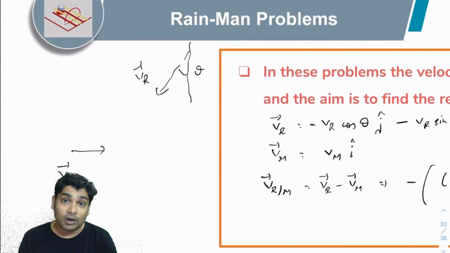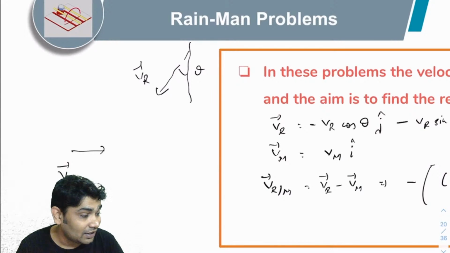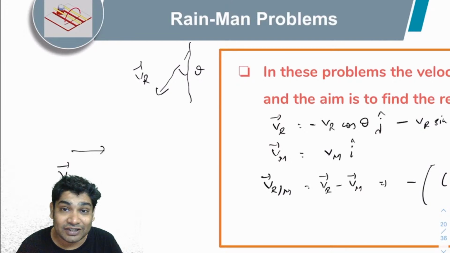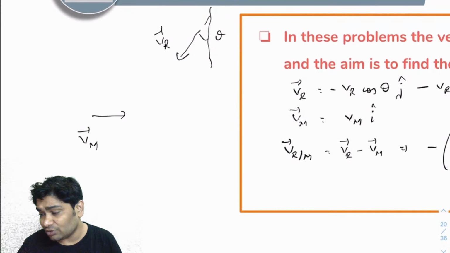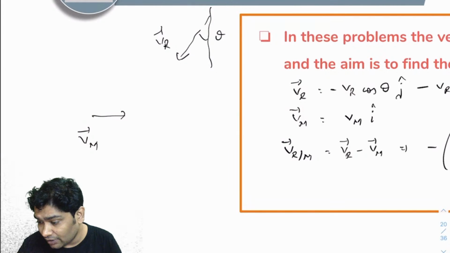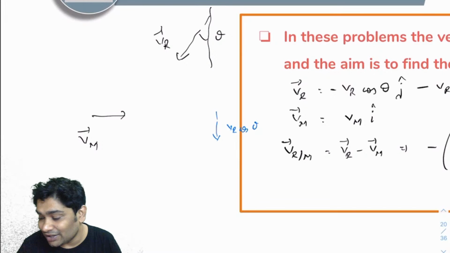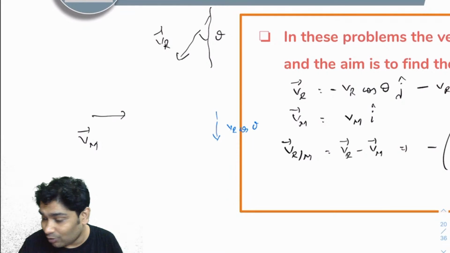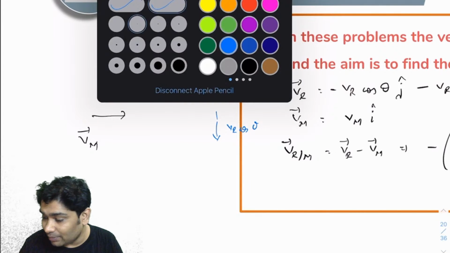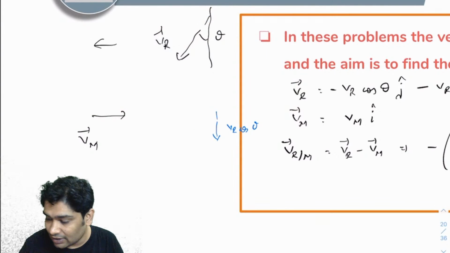Now, what are the things that are asked of us? I am asked, what is the direction of rain with respect to man? That is very simple. You first find the velocity of rain with respect to man, and let's see how we do that. We have this velocity, Vr cos theta, which will remain unchanged. Now this is in the reference frame of the man. Everything written in black is in the ground frame.